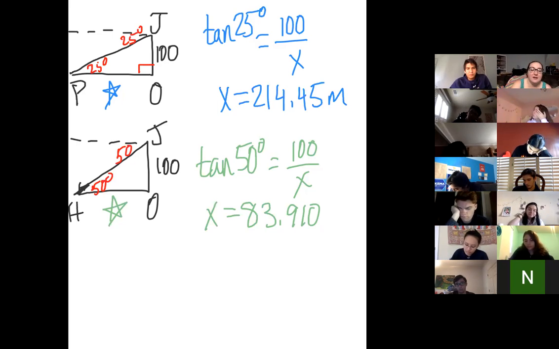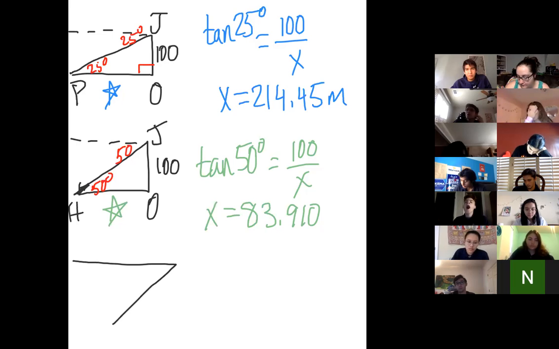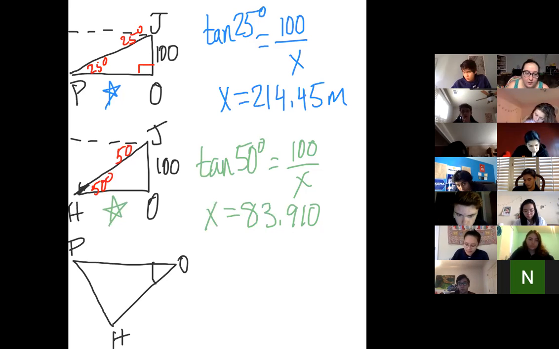Okay, but instead of being a 90-degree angle corner of a room, it tells you there's one more triangle, and it's the triangle of the floor. So when I draw the triangle of the floor, it looks something like this. If this is O, H, and P, they tell me that this angle here is 75 degrees.